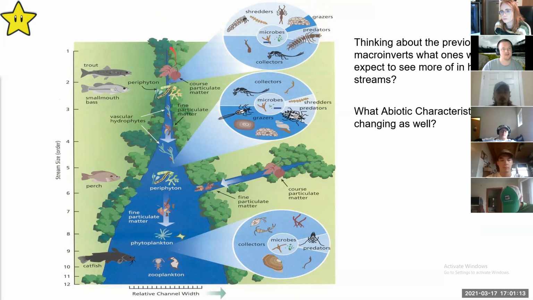There's not a lot of photosynthesis going on up here. But what is going on is you're dropping a lot of organic matter, leaves and sticks, into the stream. That's your main energy input. That means you're going to have a lot of shredders, macroinvertebrates, breaking that matter down up there.